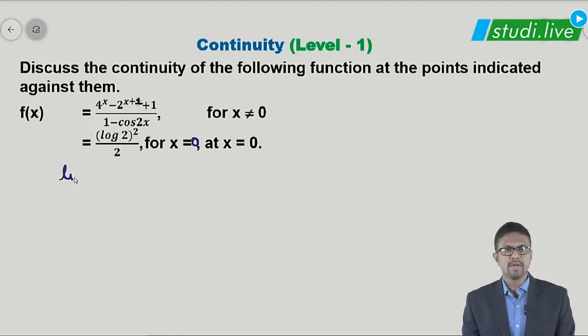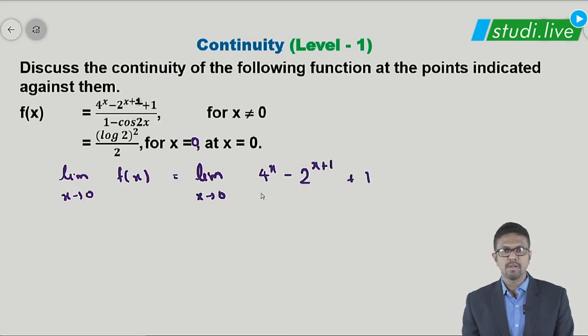So I can say limit x tends to 0 f of x is equal to limit x tends to 0 of 4 raised to x minus 2 raised to x plus 1 upon 1 minus cos 2x.